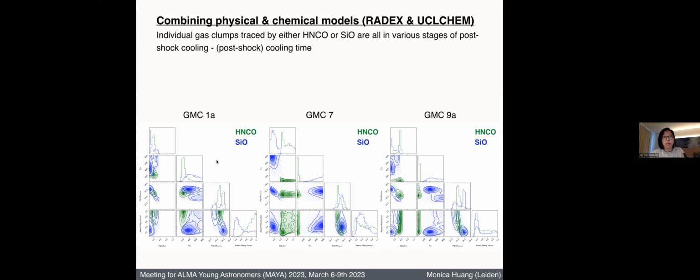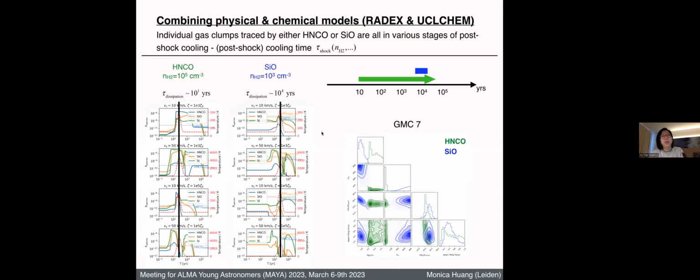And for different gas densities, the post-shock cooling time would vary. For denser components, it takes a shorter time scale to cool down to very cold gas temperature. For very thin or very diffuse gas, it takes much longer. So this provides us another sense of time scale in terms of these shock regions across the CMZ.